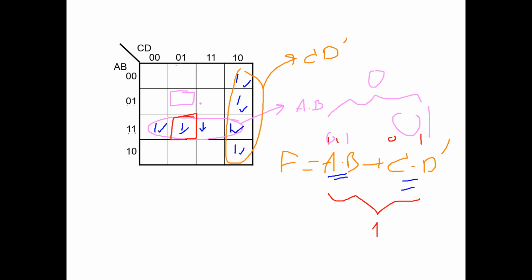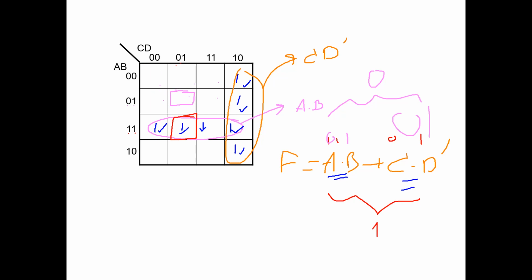So the cell that you do not select will give 0 output. This point is very important. The cell that you group or select to make the function will give logic 1 output. The cell that you do not select will give 0 output.